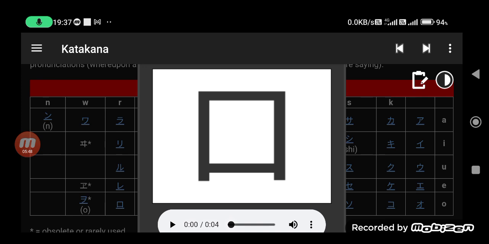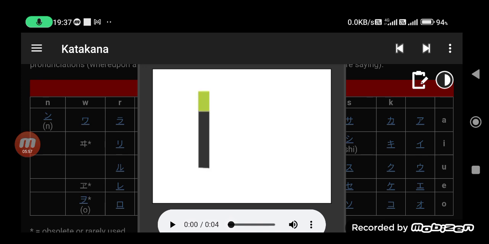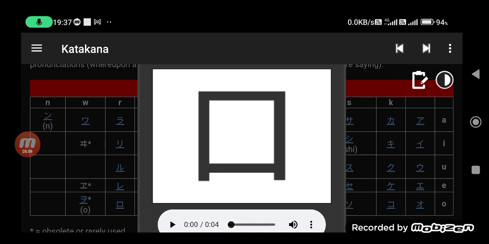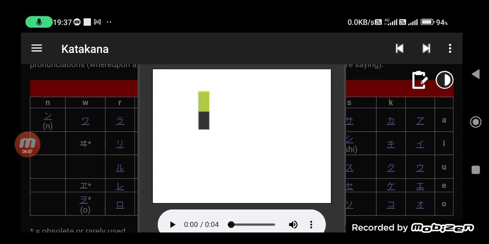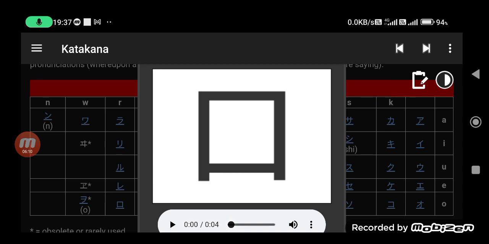This is ro. You might get confused. The kanji for kuchi, or mouth, almost looks like the ro. But don't get confused. There's a slight difference between the kuchi kanji and the ro. If you focus well on the ro, it's 3 strokes, 1, 2, 3.